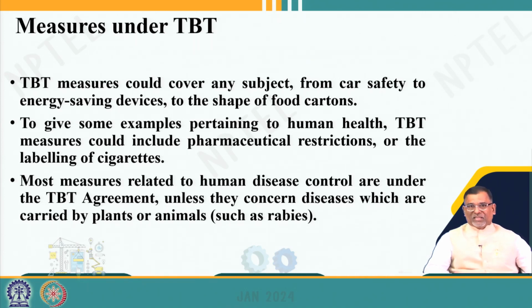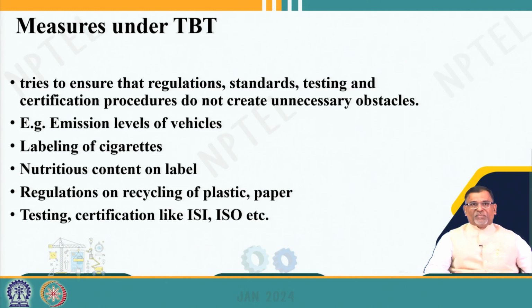We talk about packaging, pharmaceutical restrictions, labeling restrictions, for example cigarette packet warnings; all this will come under the TBT agreement. And basically all these testing and certification procedures are necessary.